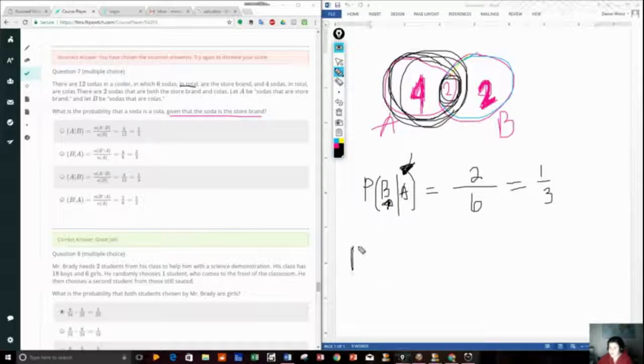Now, how would you use the formula? Probability of B given A is going to equal the probability of A and B, the intersection, divided by the probability of A. Okay, so that would equal, well, let's do the probability of A first.